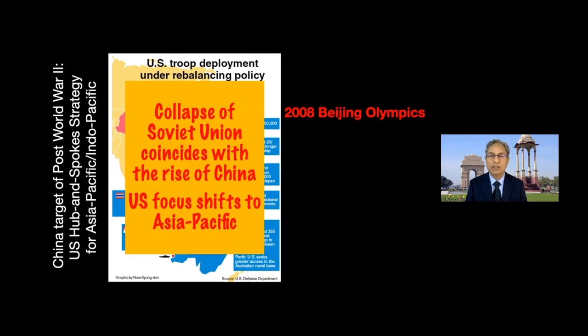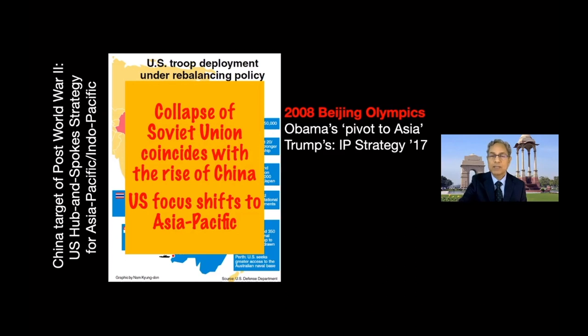We are now ready to take on global leadership responsibilities. And Beijing Olympics, using sports instead of military, was an example of showcasing that new China has arrived. And Americans understood that. And that is why President Obama shifted the focus to Asia Pacific. And it was called that the foreign policy of America would now have pivoted to Asia.